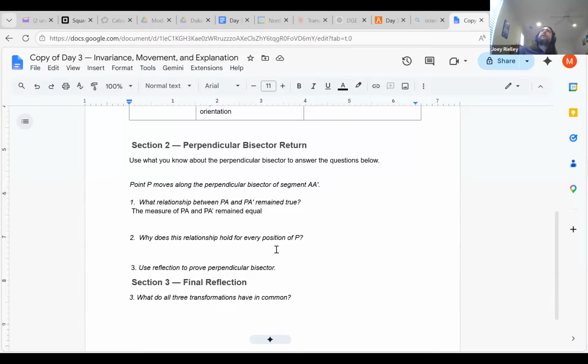Because the distance from any point along the line of reflection and a corresponding point will always be equal to the other corresponding point, right? And so they're always equidistant.